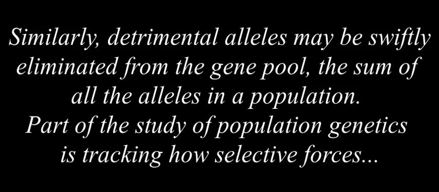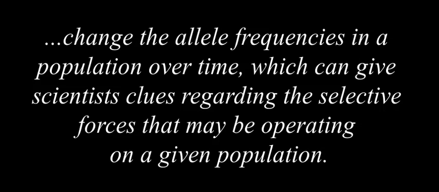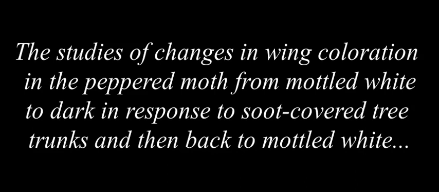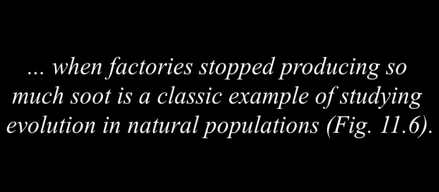Part of the study of population genetics is tracking how selective forces change the allele frequencies in a population over time, which can give scientists clues regarding the selective forces that may be operating on a given population. The studies of changes in wing coloration in the peppered moth from mottled white to dark in response to soot-covered tree trunks and then back to mottled white when factories stopped producing so much soot is a classic example of studying evolution in natural populations.